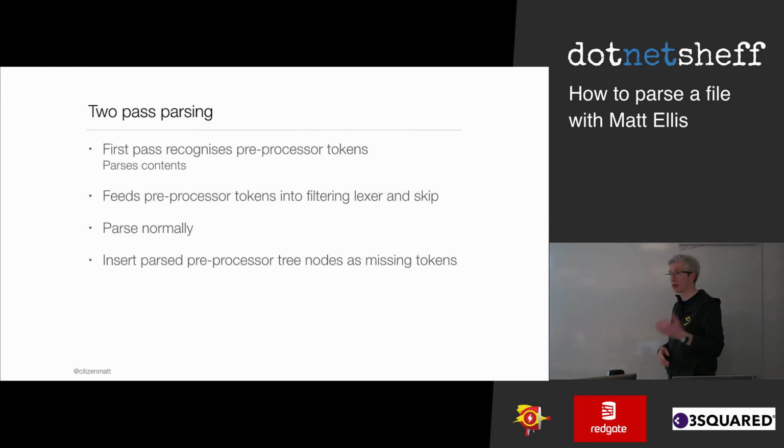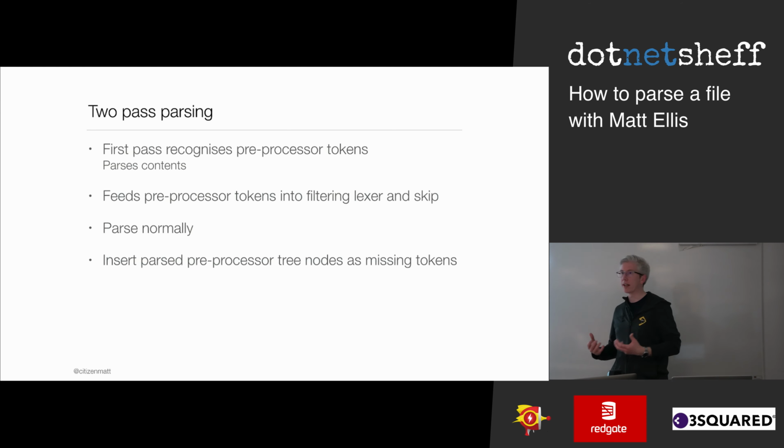And so then you can just parse normally, because to your parser, it looks like there's nothing there. And then once the parser has finished, you have another step which shoves those missing tokens back in. Or, in my case, when I'm building the tree, it shoves those tokens back in again. And so the final tree includes all those pre-processed nodes, those pre-processed blocks, but my parser hasn't had to worry about them suddenly appearing in the middle of another expression.